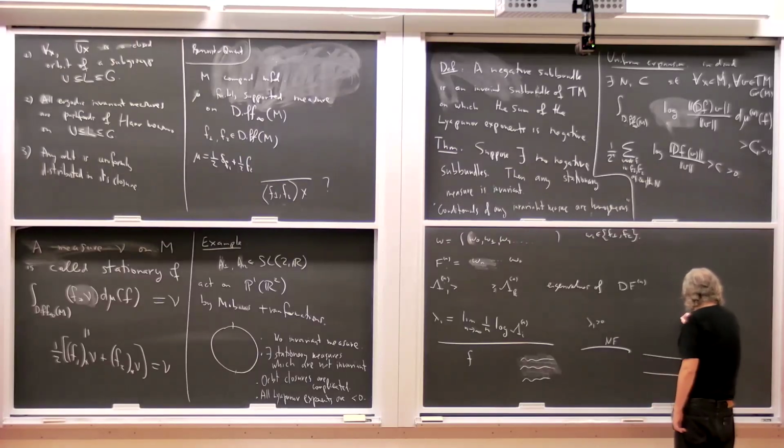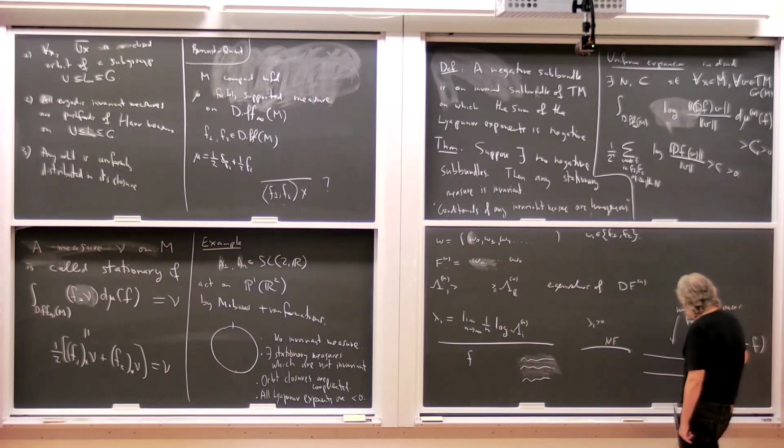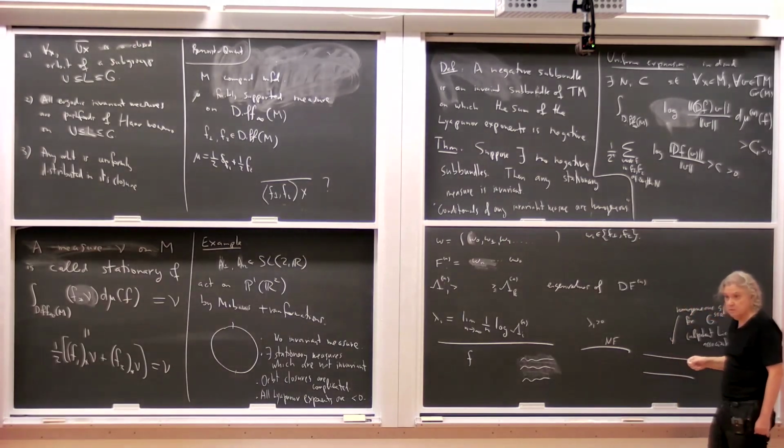These are homogeneous spaces for a certain nilpotent Lie group, called G, associated to f. And what the group is depends on the Lyapunov exponents.